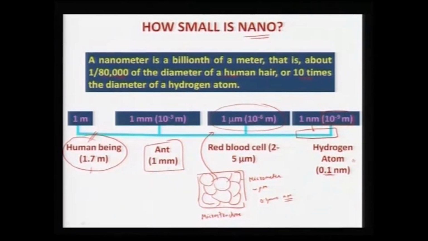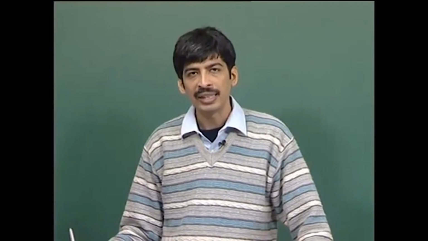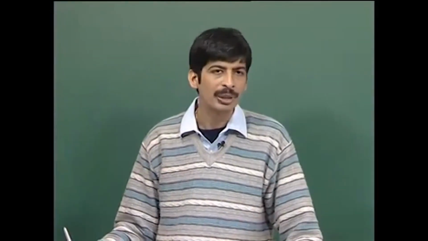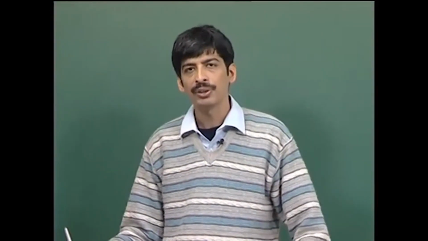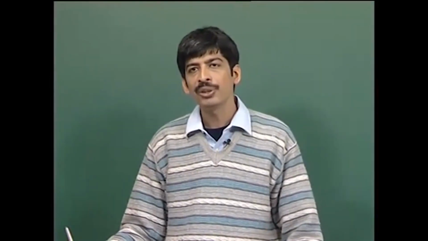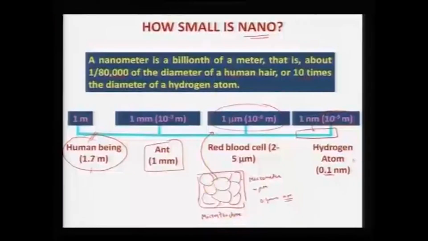And that is what is nano. To give a physical sense, if an ant, which is approximately 1 to 2 to 3 millimeter in length, is holding a nano gear, that nano gear will be 300,000 times smaller than the ant itself.